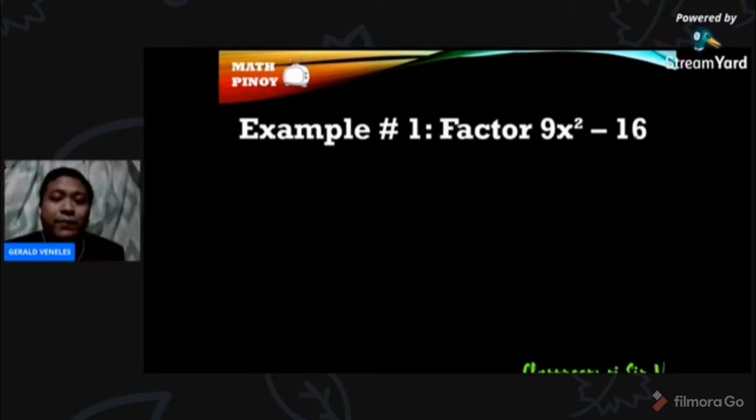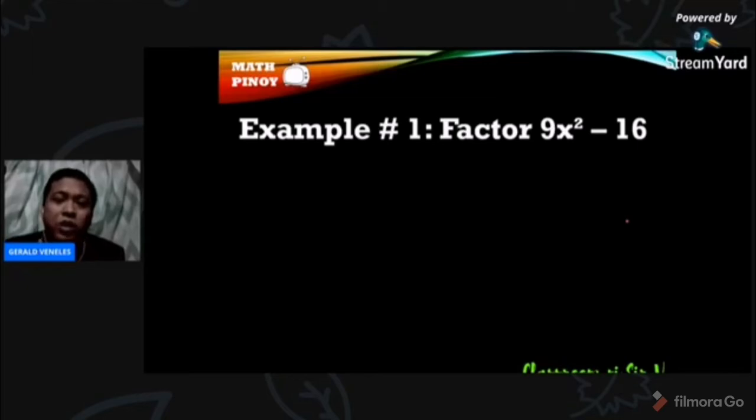The second condition, dapat ay perfect square sila. Perfect square ang 9? Anong square root ng 9? Correct, 3. How about 16? Perfect square? Yes. So, pasok siya sa difference of two squares.